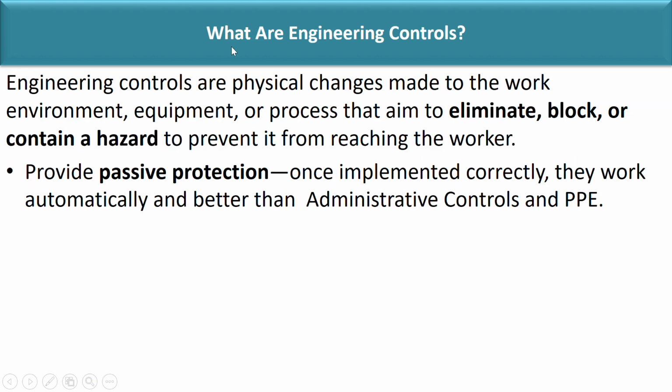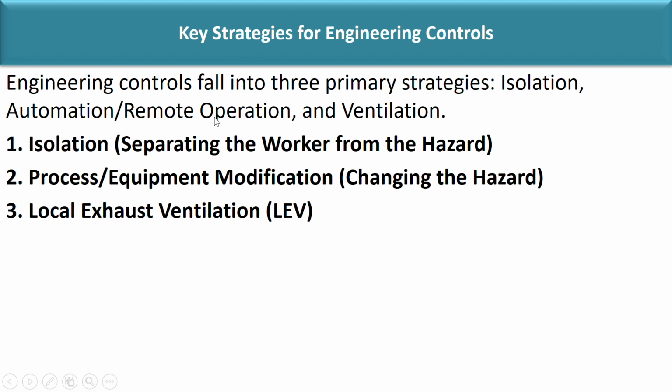Now, what are engineering controls? Engineering controls are physical changes made to the work environment, equipment, or process that aim to eliminate, block, or contain a hazard to prevent it from reaching the worker. They provide passive protection. Once implemented correctly, they work automatically and better than administrative control and PPE. The key strategies for engineering control: engineering control falls into three primary strategies: isolation, automation, and ventilation.